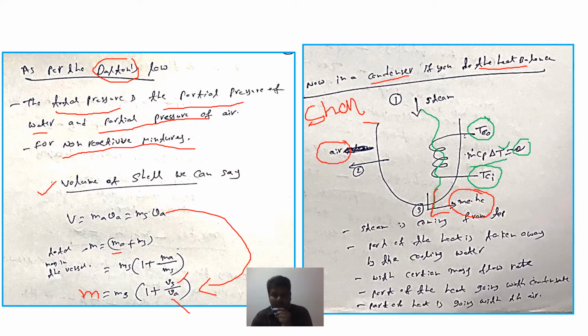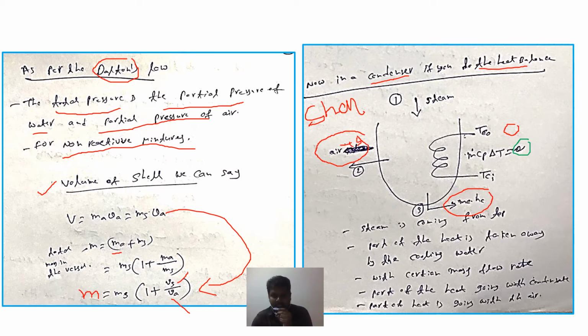Actually, along with the air, some amount of steam also will come out, so this also takes away heat. Here, heat is going away in 3 ways: from the water in the tubes, from the condensate after condensing, and from the air and steam. So now we will do a heat balance.